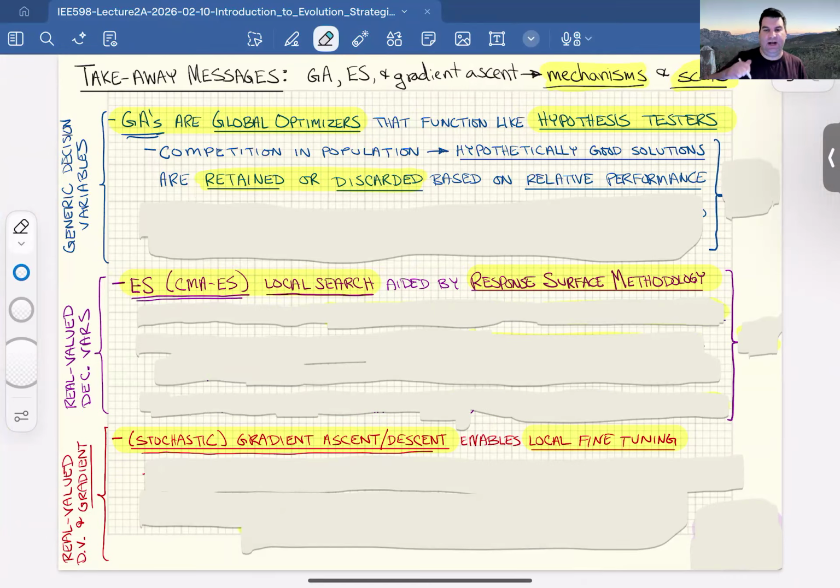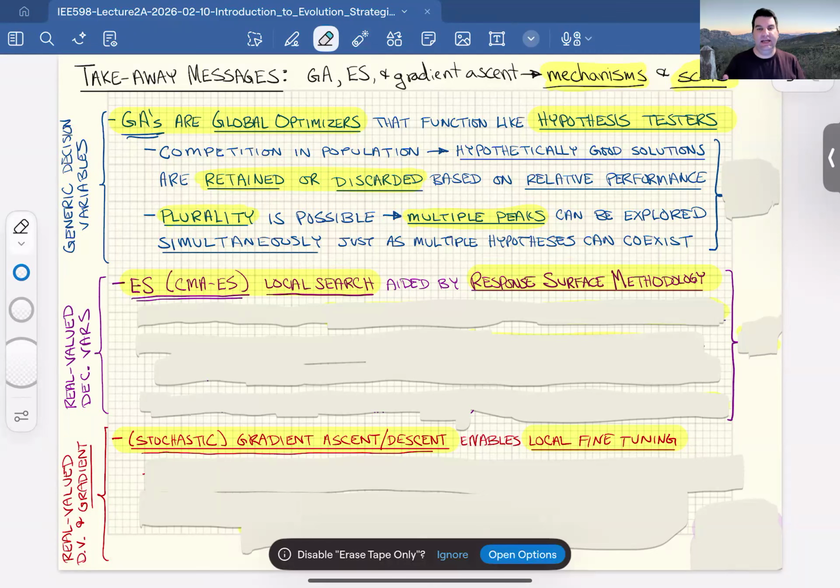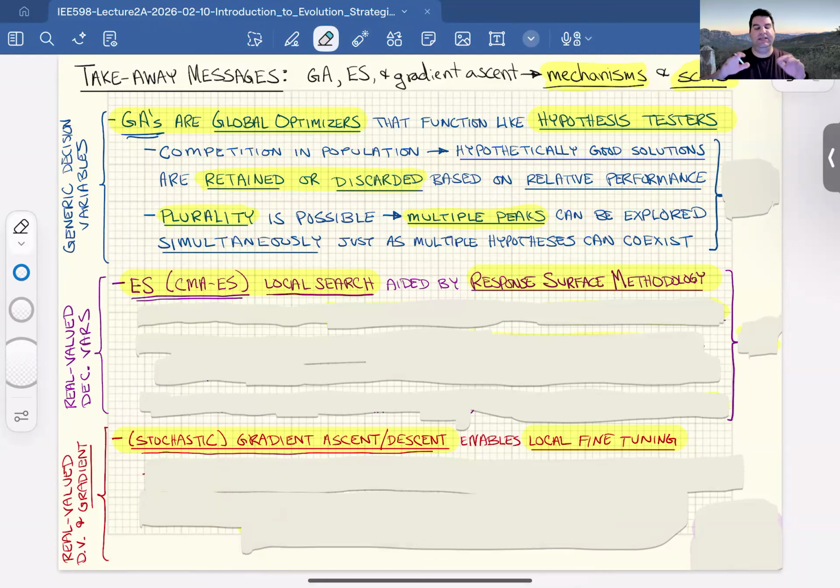We sample a bunch of the population, those are hypothetically good solutions, but then based on their fitness, we retain some and discard others, the same way we do with evidence for hypotheses based on their relative performance. So plurality is possible, just like it is in hypothesis testing. Multiple peaks can be explored simultaneously, just like two hypotheses can be failed to reject simultaneously, and they might both be true at the same time. They might both be good hypotheses.